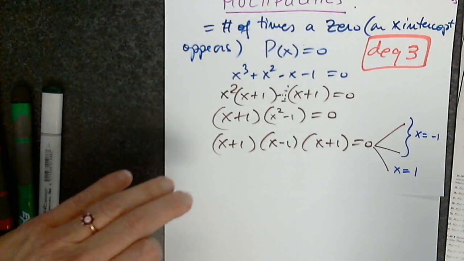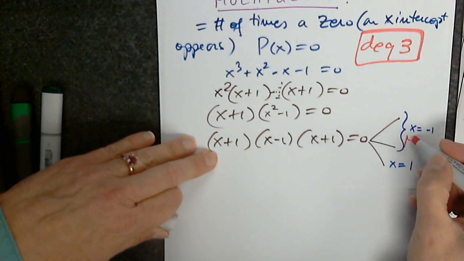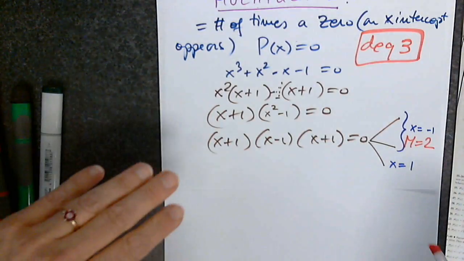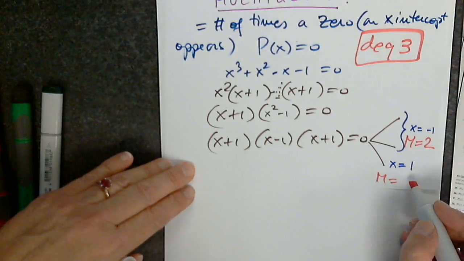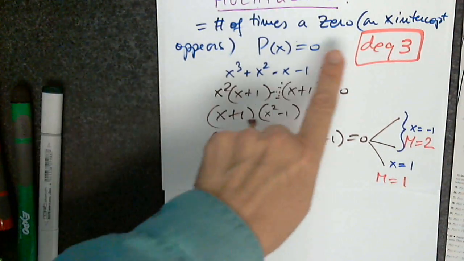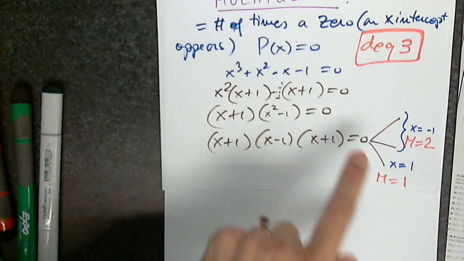Yes, so for x equals -1, multiplicity 2. For x equals 1, multiplicity 1. Can you spell it again? The number of times an x-intercept appears. x equals -1 appears twice: x equals -1, x equals -1.